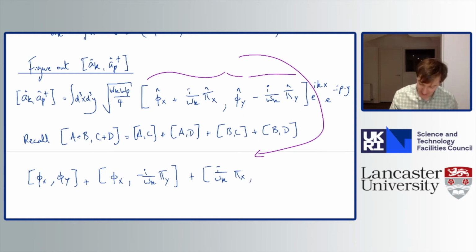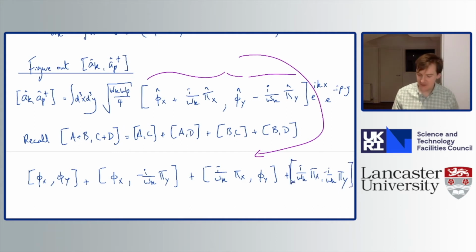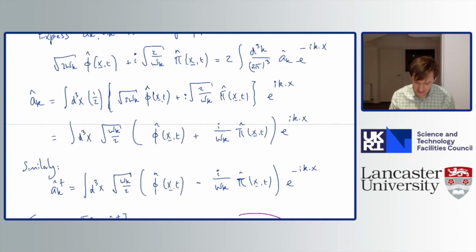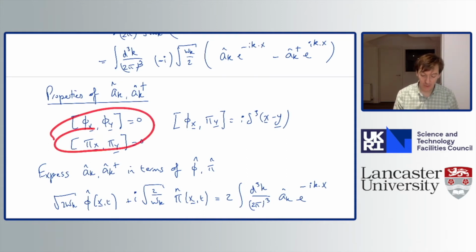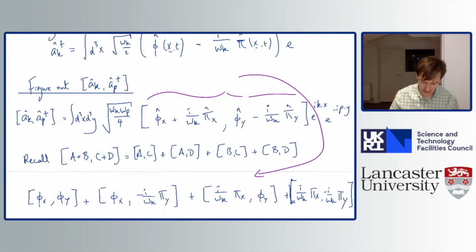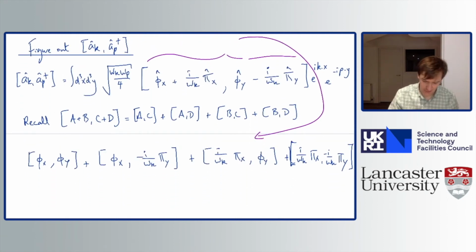So we're doing B with C, and then we have B with D. Some of these commutators we can get rid of immediately, so here's the schematic form: the pi with pi and the phi with phi are both going to be equal to 0. So down below we can kill 2 terms.